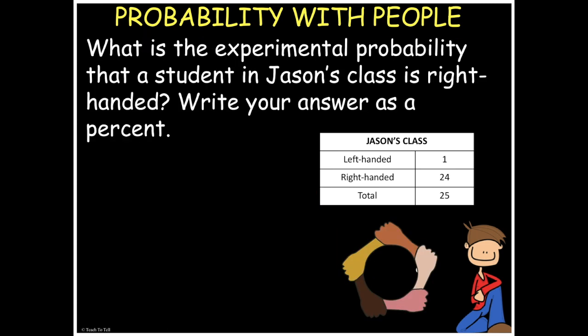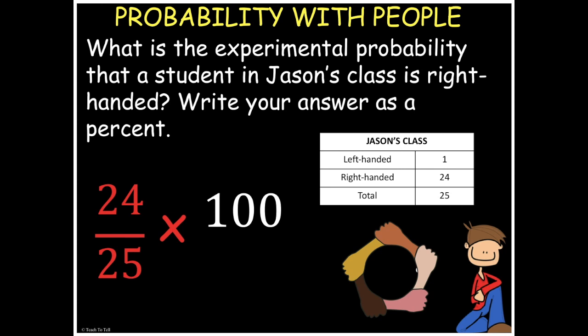What is the experimental probability that a student in Jason's class is right-handed? Write your answer as a percent. So now we're looking at what is actually going on in Jason's class. So 24 out of 25 are right-handed.